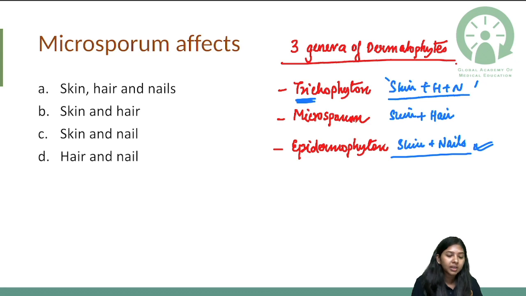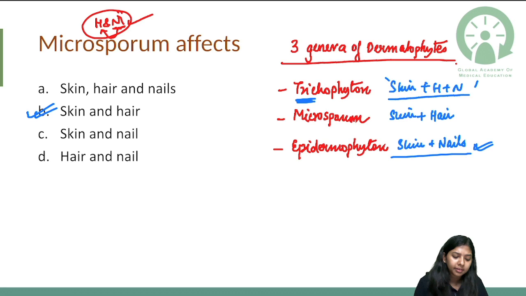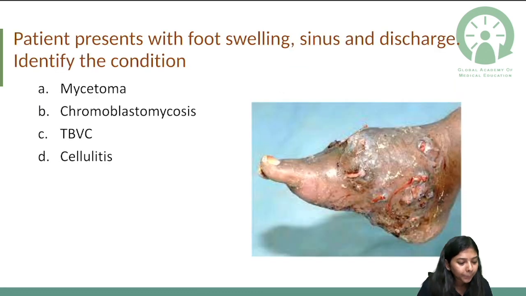So microsporum will affect skin and hair. How I remember is by the brand H&M, okay? So microsporum is going to affect the hair. Rest all, it's very easy to remember them. Trichophyton, all 3, right? Remaining is epidermophyton. It's going to affect skin and nails.